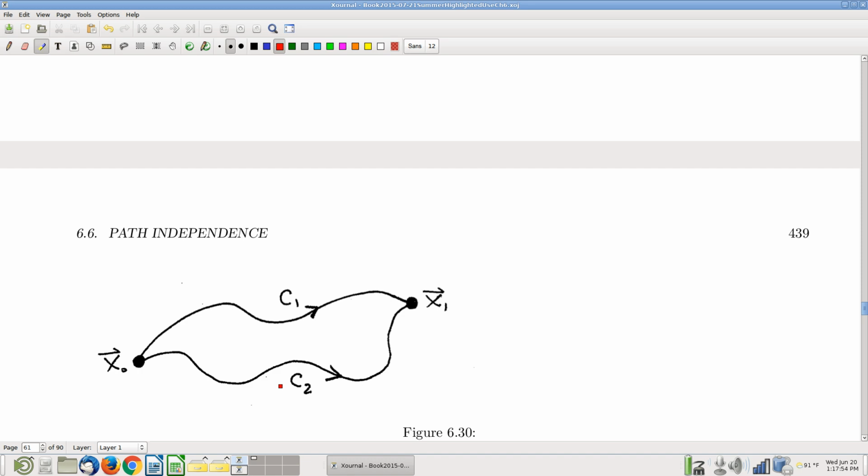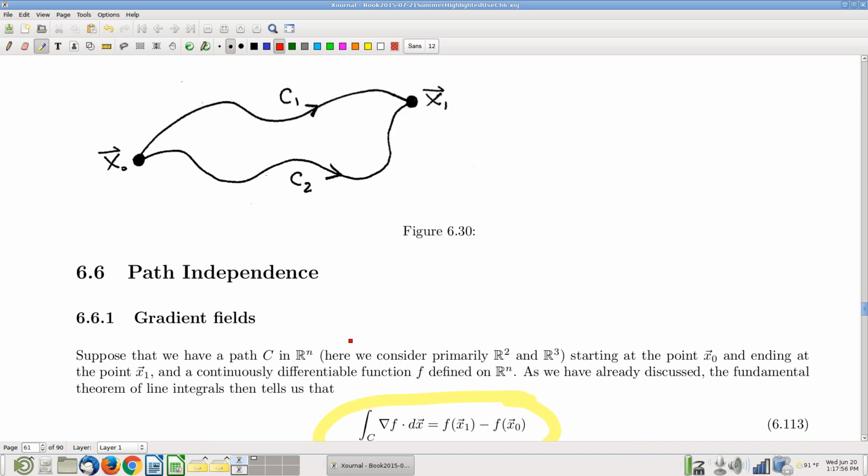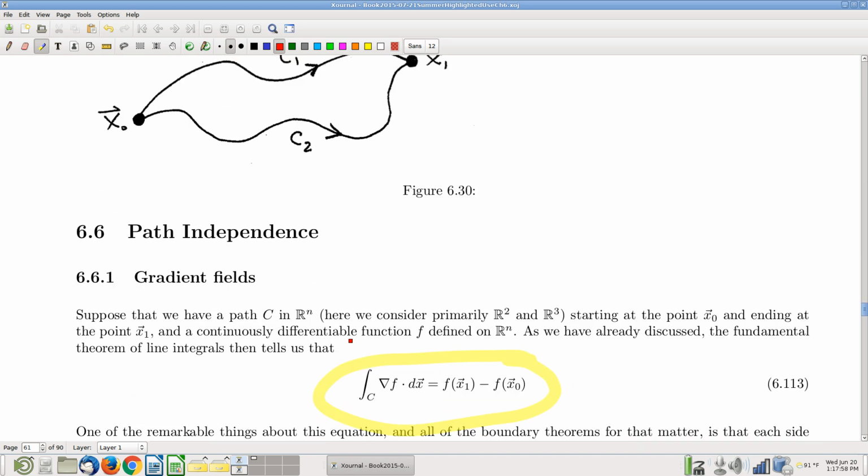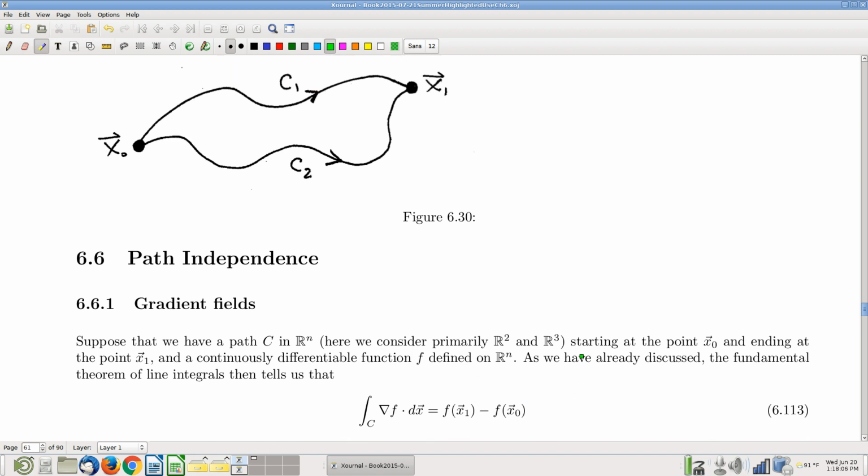Okay. So I want to talk about this thing called path independence. There's the fundamental theorem of line integrals. Y'all remember that. So I could apply the fundamental theorem of line integrals to that curve that has these 2 boundary points, x1 and x2. Right?